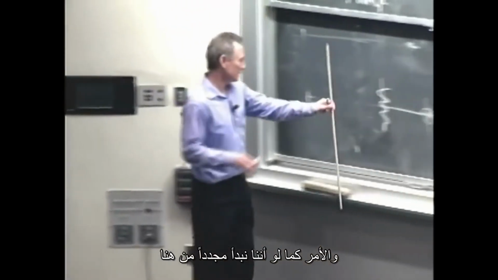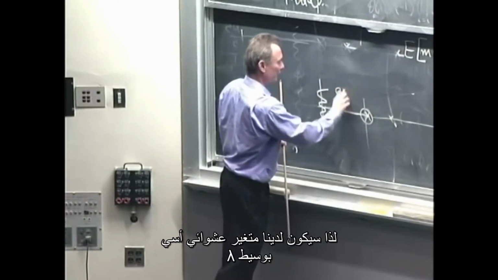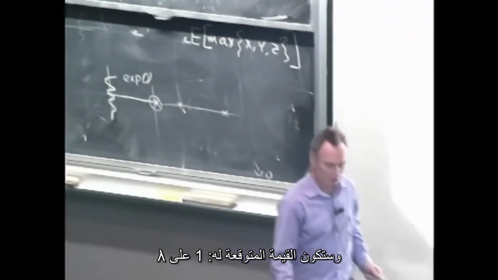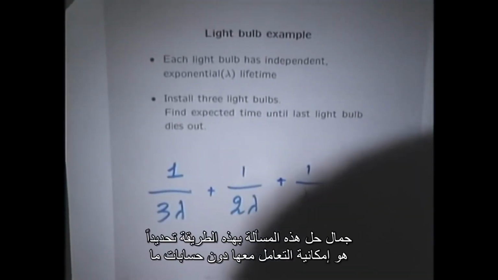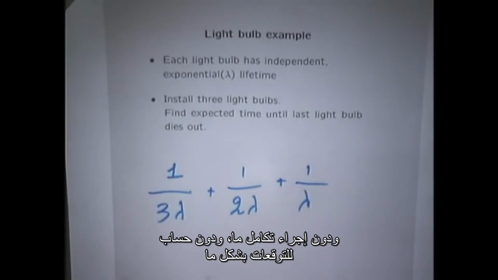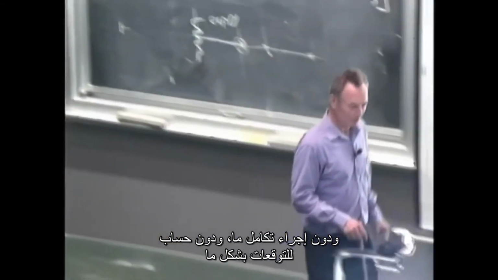So it's as if we're starting from scratch here. So this is going to be an exponential random variable with parameter lambda. And the expected value of it is going to be 1 over lambda. So the beauty of approaching this problem in this particular way is, of course, that we managed to do everything without any calculus at all, without writing any integral, without trying to calculate expectations in any form.